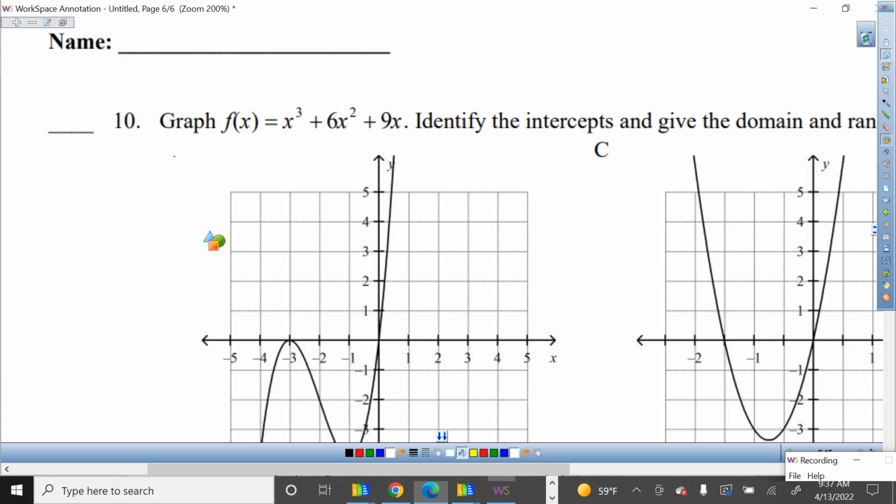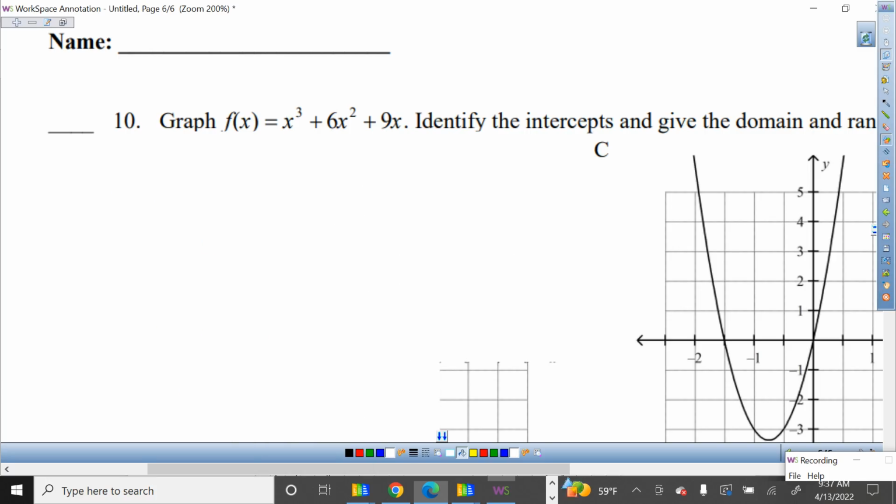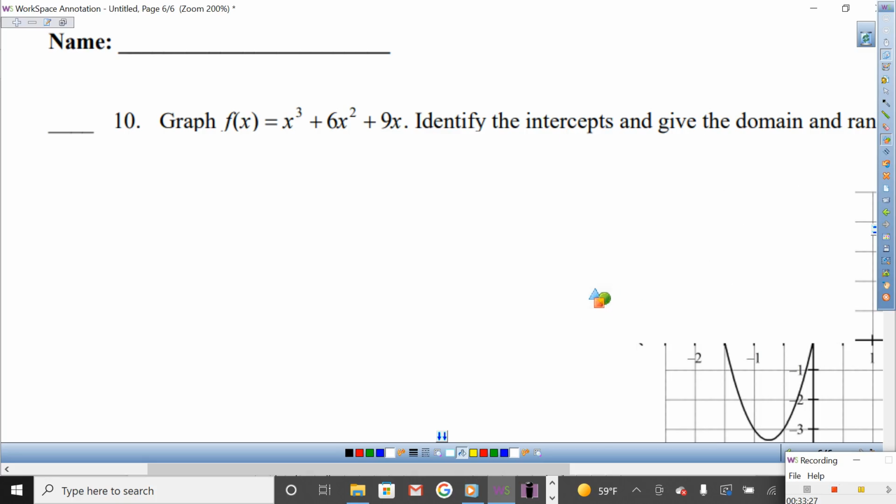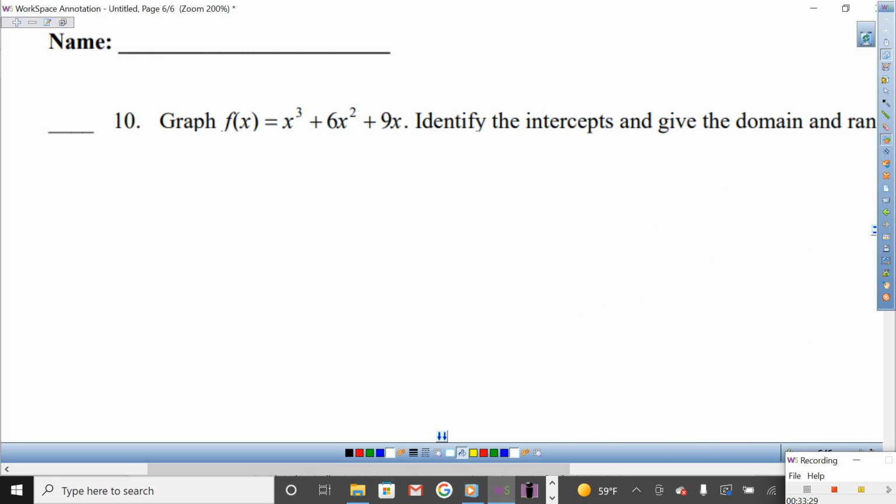From this point forward, when they're asking you to graph using intercepts, basically what they're asking you to do is factor completely that function. So here we go. You wrote down f of x equals x cubed plus 6x squared plus 9x. First things first, we need to set it equal to 0.